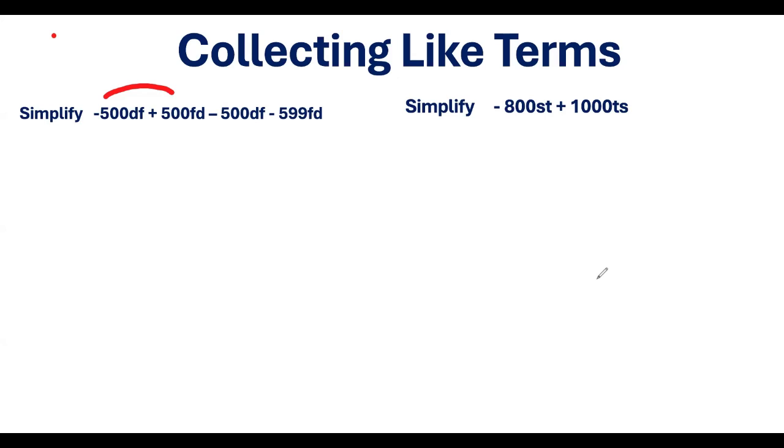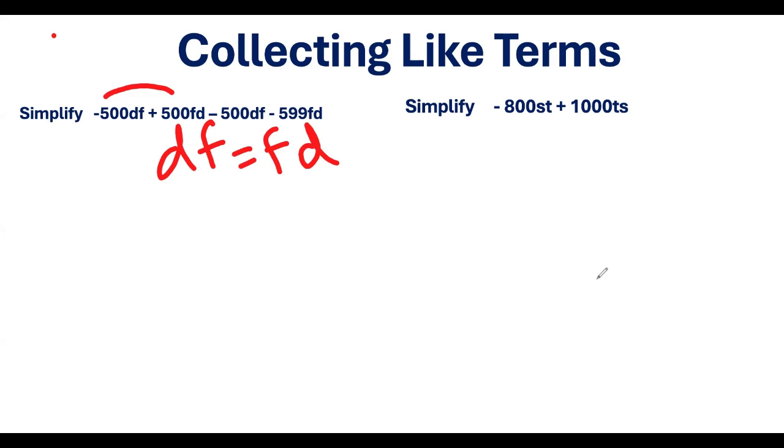Minus 500, they all are like. Whether it is DF or FD, they are like terms. Don't get confused. Maybe they are unlike? No, they all are like. FD and DF, DF is equal to FD. They are like. So let's solve the first two terms together.